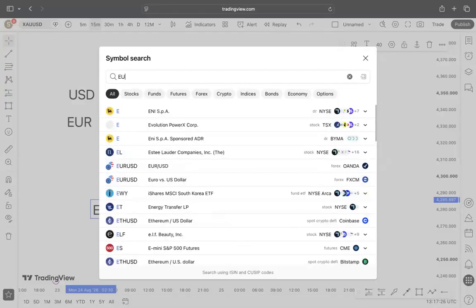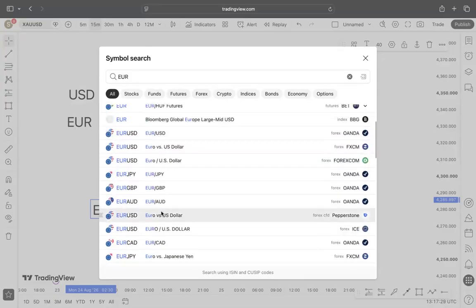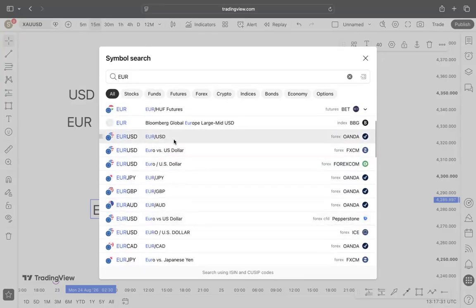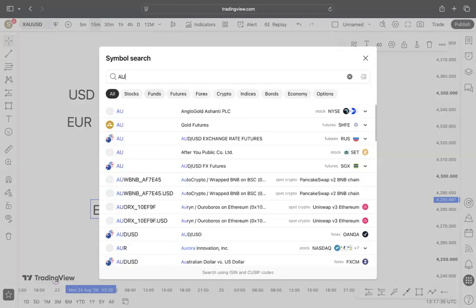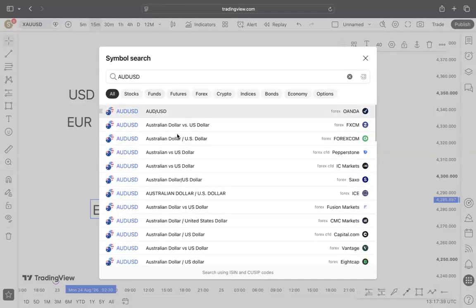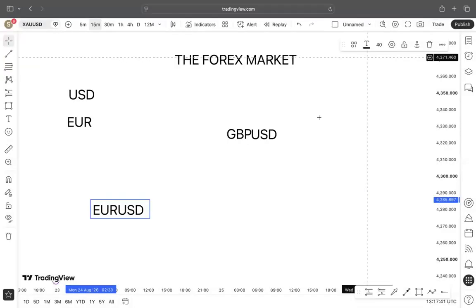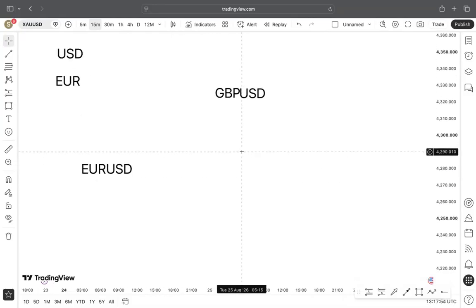You can see pairs like the EURUSD, and you can see pairs like AUDUSD, and so on and so forth. Currencies in the forex market are always quoted and traded as currency pairs, one against the other.